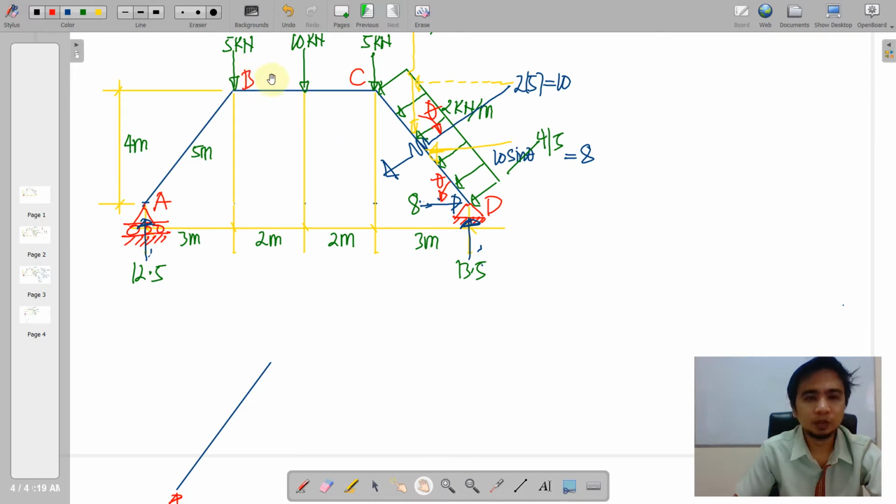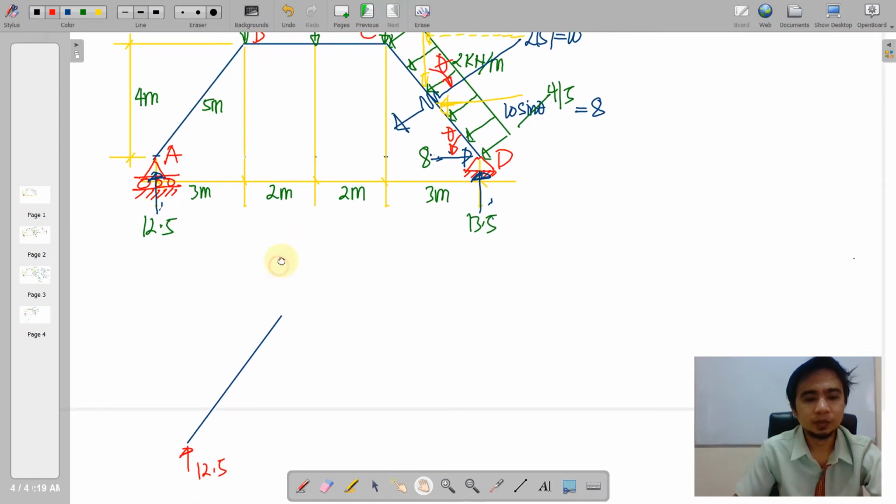So my tip here is just consider this concentrated load here, although it is located at the joint B. We'll just have to consider it just right of B. Therefore, it will just be included on the member BC or the beam at BC.